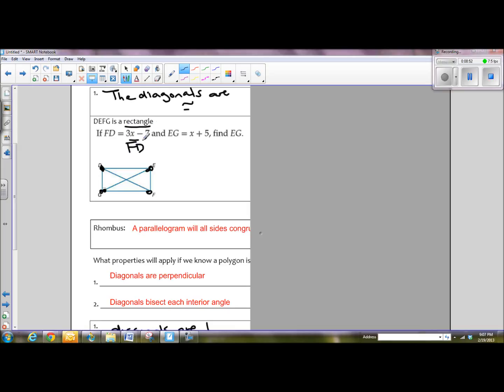So FD is congruent to EG, and then substituting the values in, 3x plus 7 equals x plus 5. So when I solve for x, I get 6, and then to answer the question to find EG, I would substitute that 6 back in for x. So EG is going to equal 6 plus 5, which is 11.